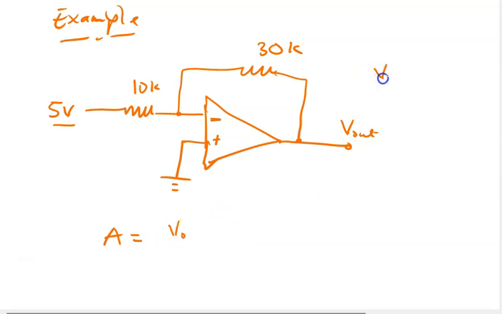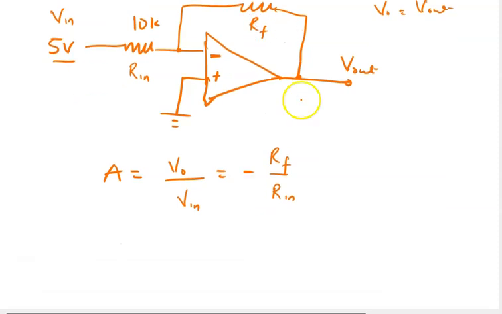V naught over V in, where this side is the V in, is equal to minus RF over R in. So this side is the R in and this side is the RF.